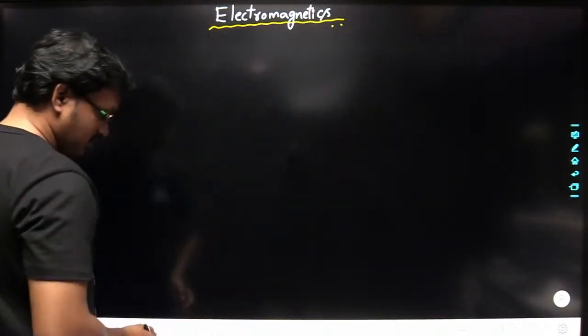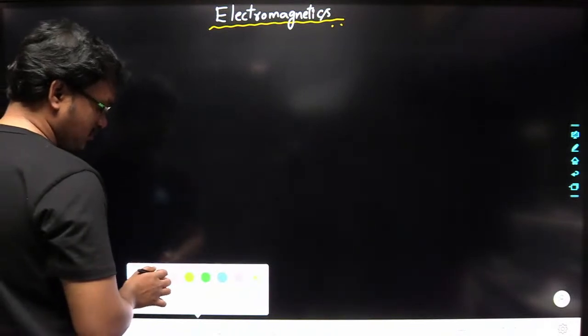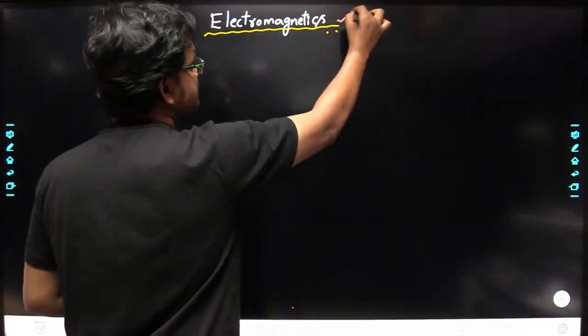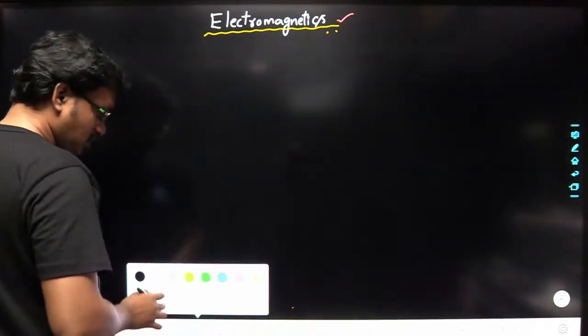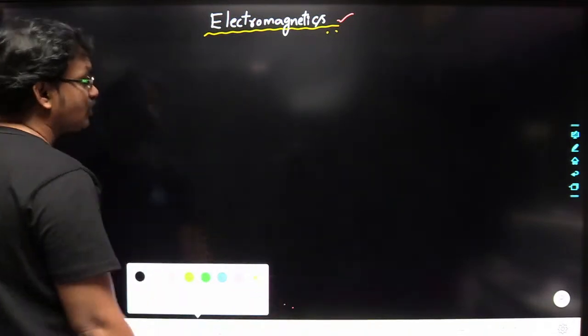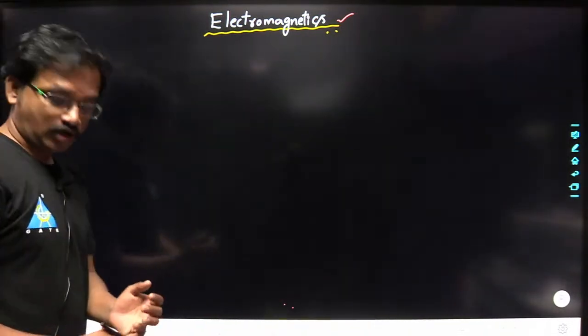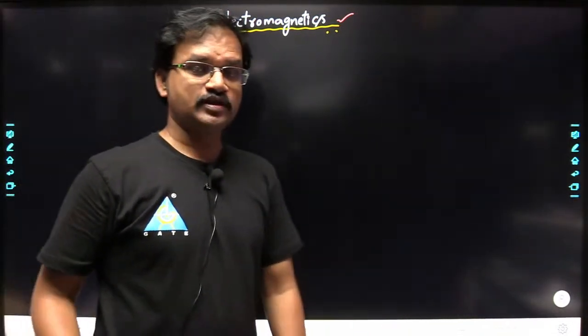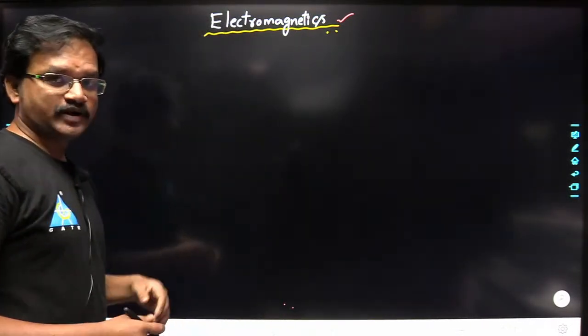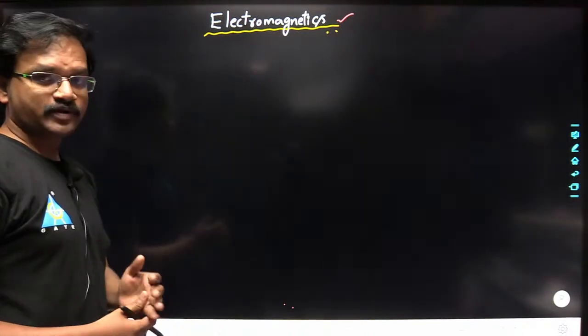So we'll start the subject. Our subject is electromagnetics. In the previous sessions, we have studied the del operator. We have seen that whenever this del operator operates on a scalar function, the resultant operation is the gradient.